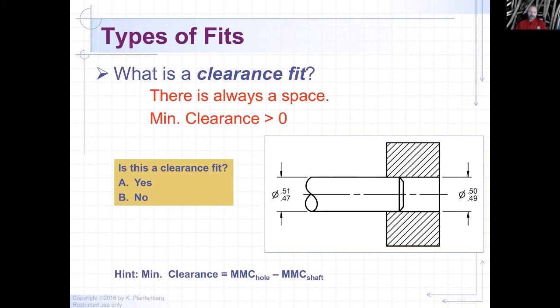Remember your definition of minimum clearance, and there's a hint at the bottom. Go ahead and put that in there. No, it's not a clearance fit, because the minimum clearance is actually a negative number.